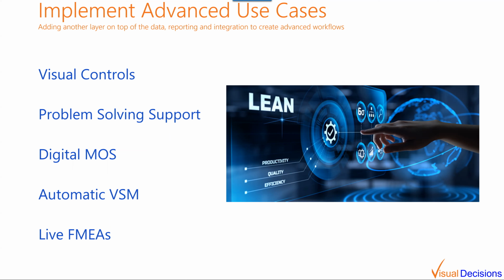Digital management operating systems can create alignment from the executives all the way through the shop floor, and they can mirror the policy deployment process in any company and enable everyone to see where they stand at all times to see if they're winning or losing on that day, that week, month, or year. And many other capabilities are possible as well.